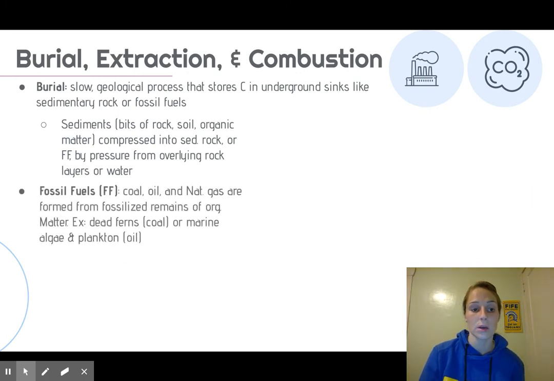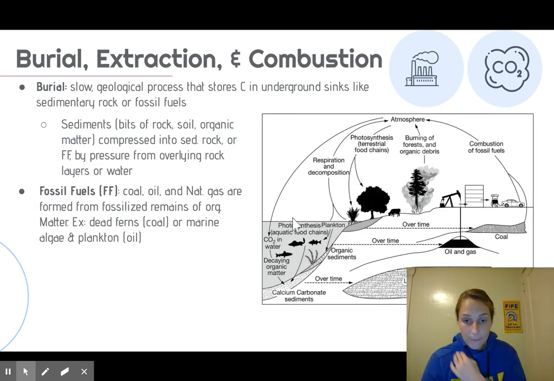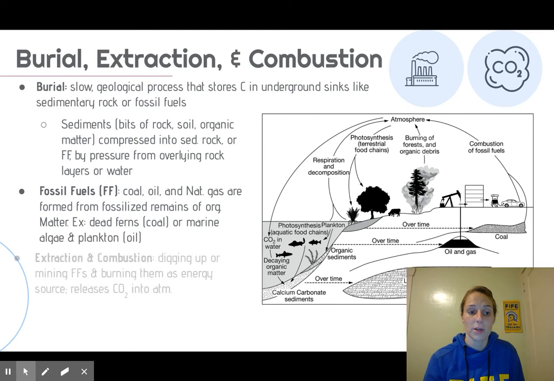Now, fossil fuels, you may have heard this term, but specifically what we're referencing is going to be coal, oil, and natural gases. And these are formed from fossilized remains of organisms. Oftentimes, past dead matter, like dead ferns, often make coal, or marine algae and plankton end up making oil a lot of times. So if we look at this over here, you're kind of seeing that process of sediments and burial, and over time you get some of this oil and gas, and then we get through the process of pulling it out for fossil fuels.